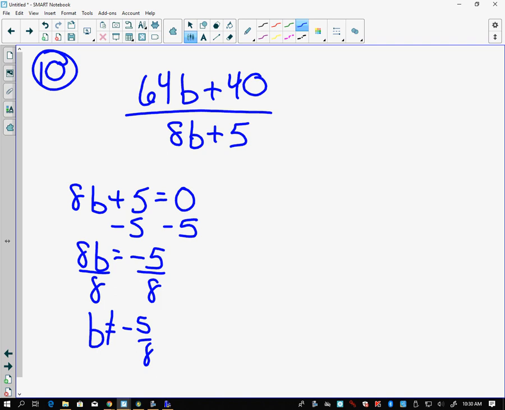So this is part of my answer. The next part I need to factor out. I don't know if I've done a good job of this, but I think it'll work. What can I factor out of the top? 8. So if I factor out an 8, what do I have left on the inside?